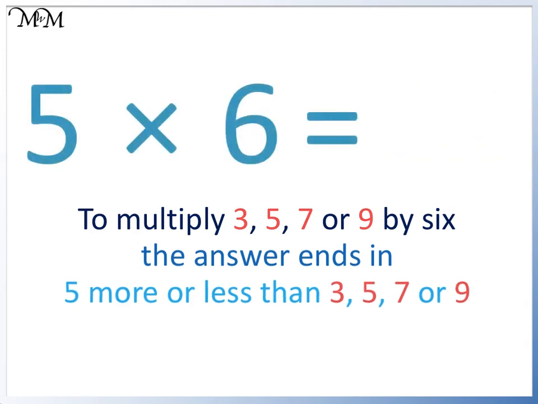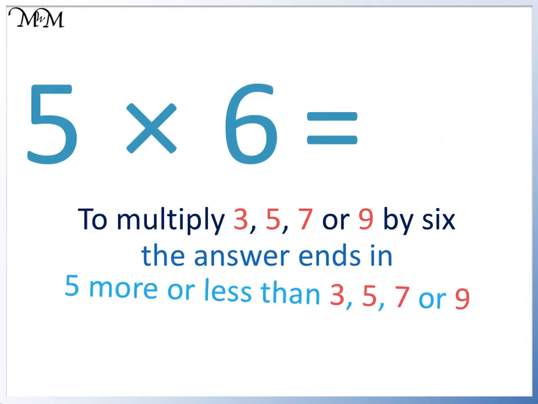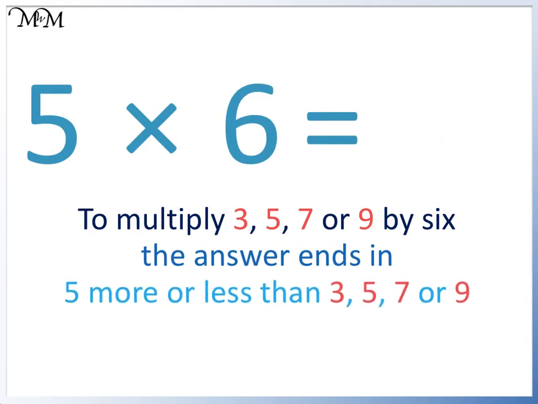Here is 5 times 6. The answer ends in 5 less than 5, which is 0. 5 times 6 equals 30. 5 times 6 is also half of 10 times 6. Half of 60 is 30.